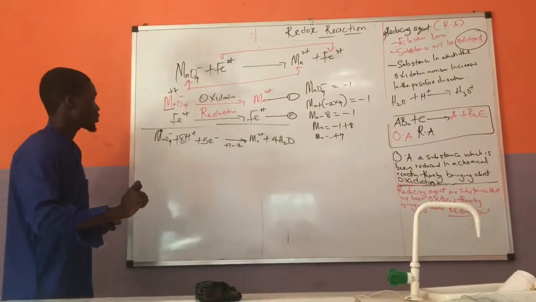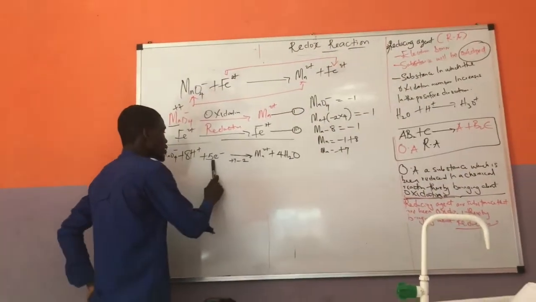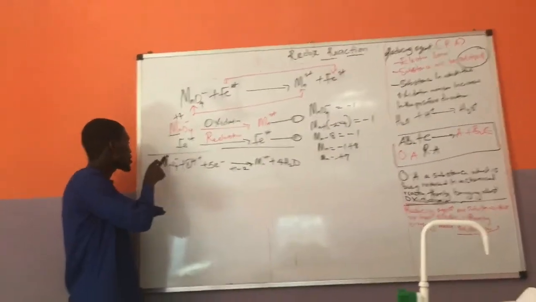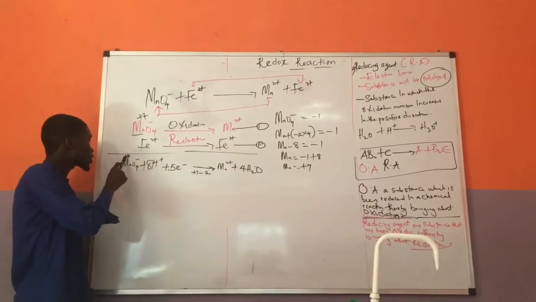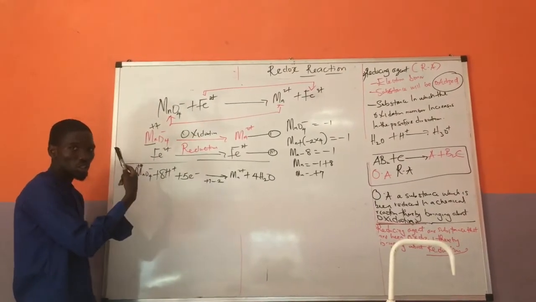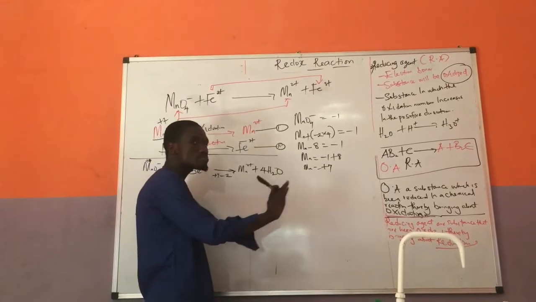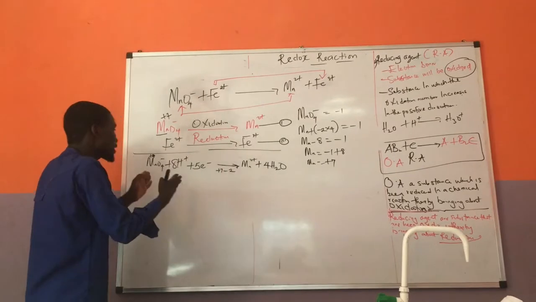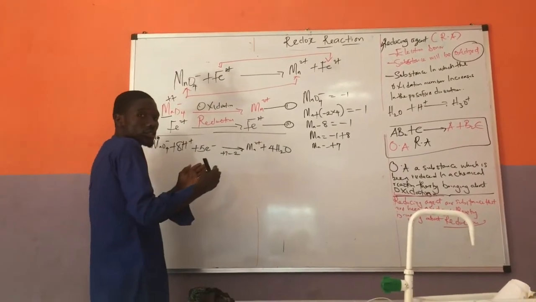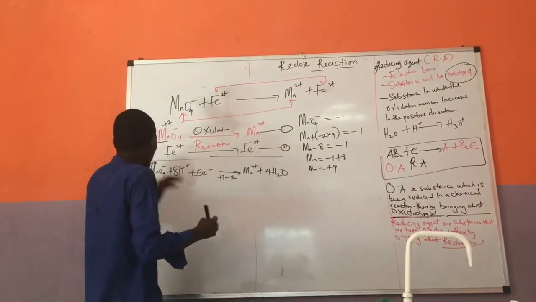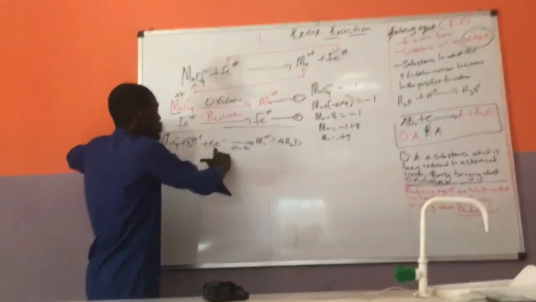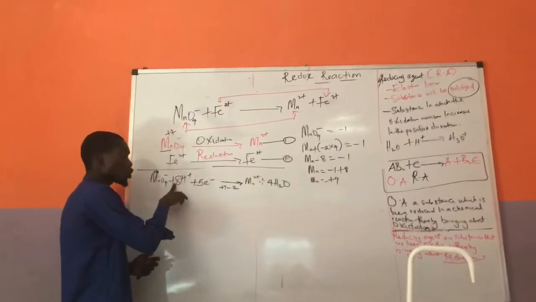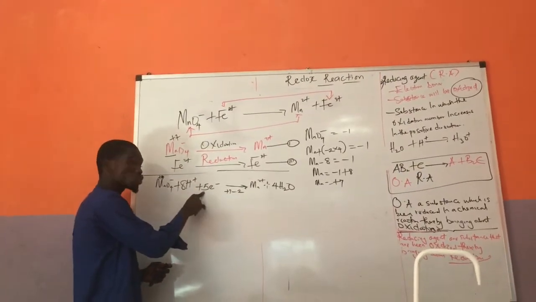In JAMB, these 5 are given, but you must know how to calculate the number of electrons lost, which is the difference between the two sides. So 7 minus 2 gives us 5 electrons.